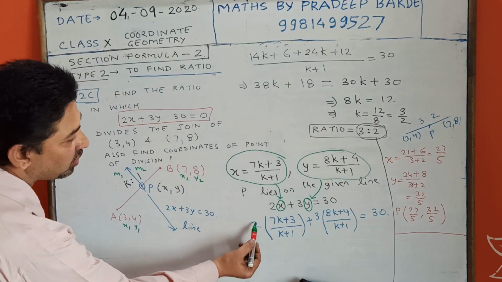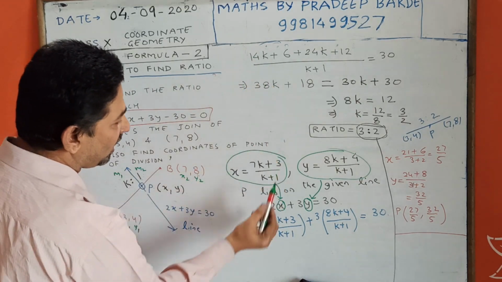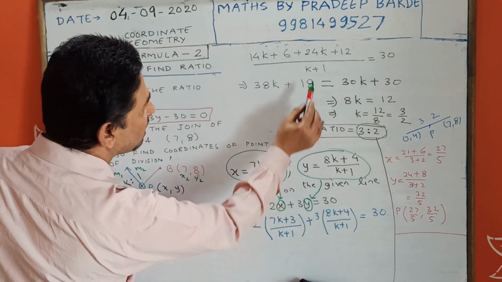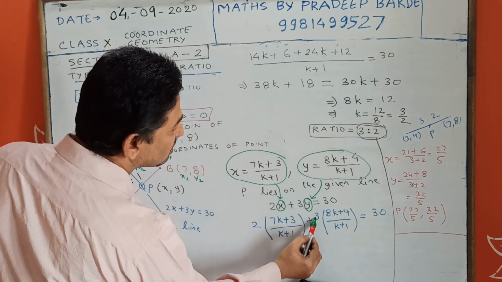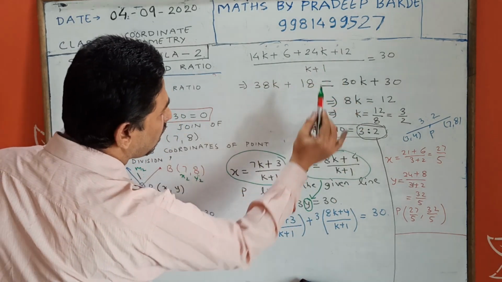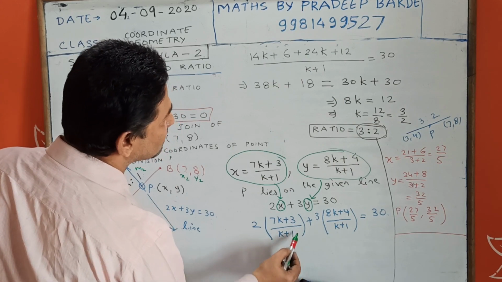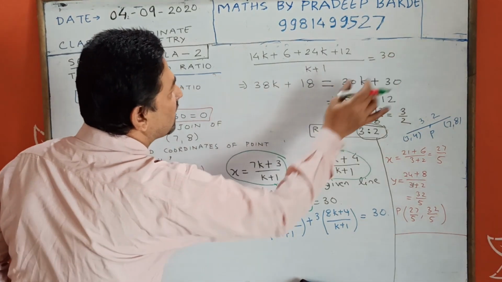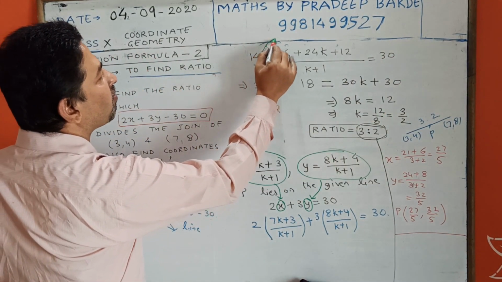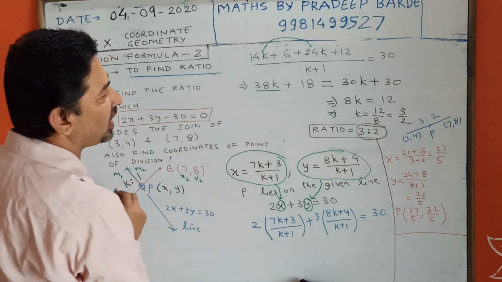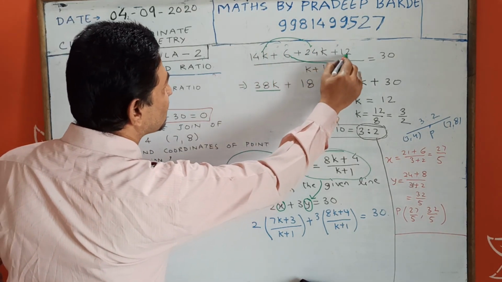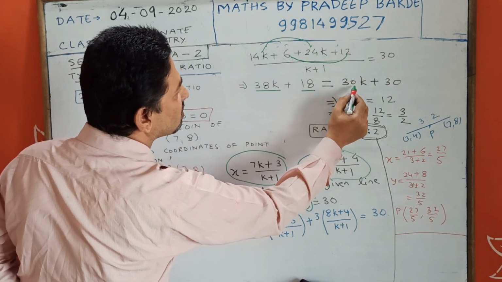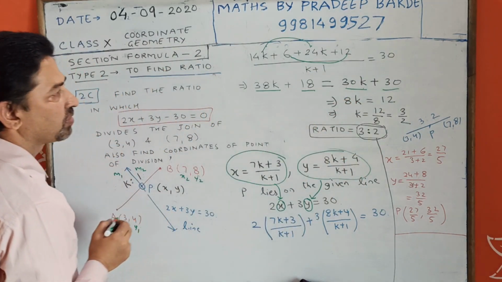So here we get 2 into 7k, 14k, 2 into 3, 6, plus 3 into 8k, 24k, plus 3 into 4, 12, whole upon k plus 1. This is the same denominator, so k plus 1 is the LCM here, equal to 30. Now 14k plus 24k, this is 38k, 6 plus 12, this is 18, and k plus 1 multiplied to this side, we get 30k plus 30.